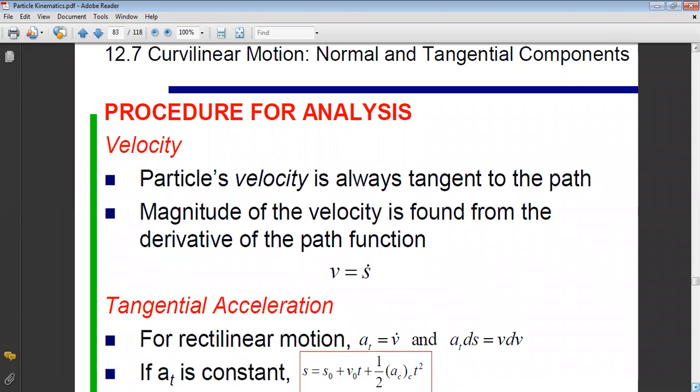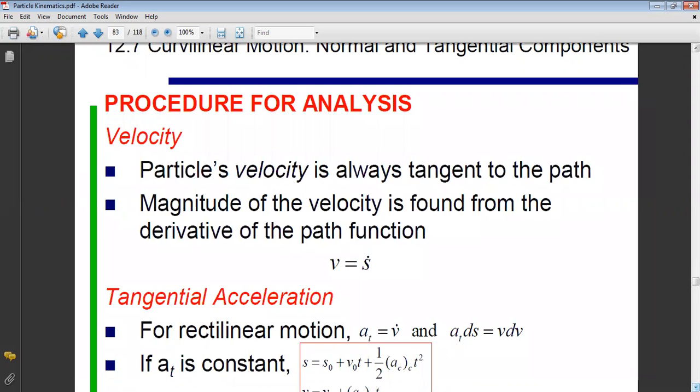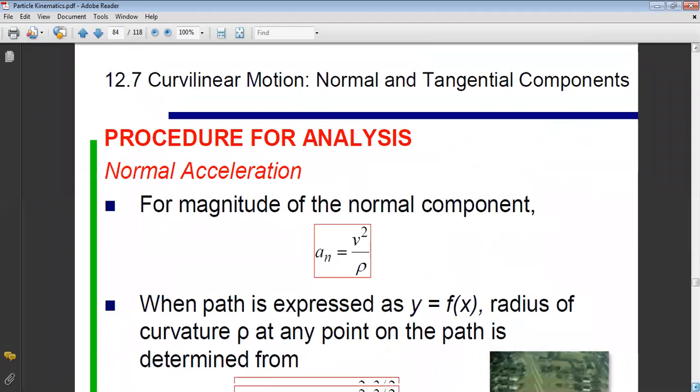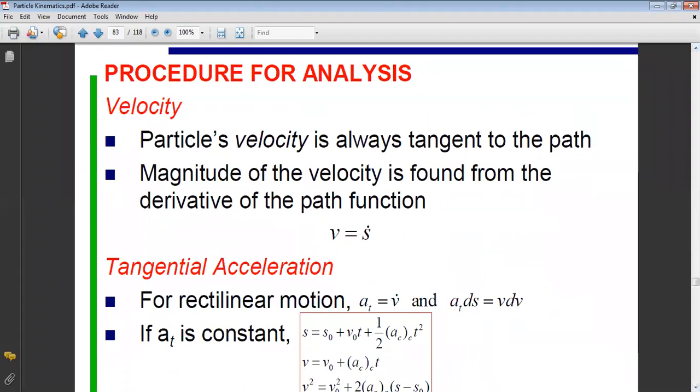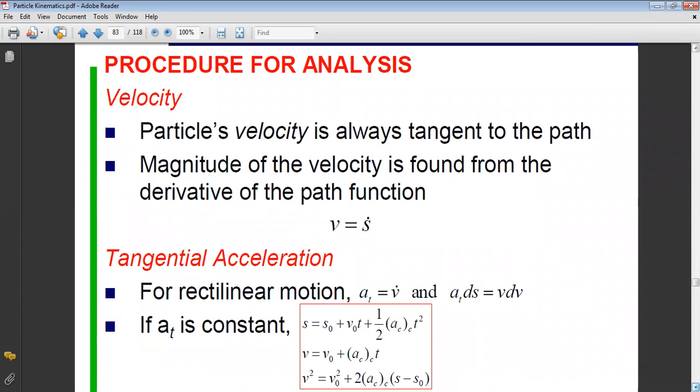Now, just before going to the problem, I want you to pay attention. We have already developed relations for constant acceleration. The relations we have developed for constant acceleration are valid here for which a? For at, an, or for the total acceleration a?